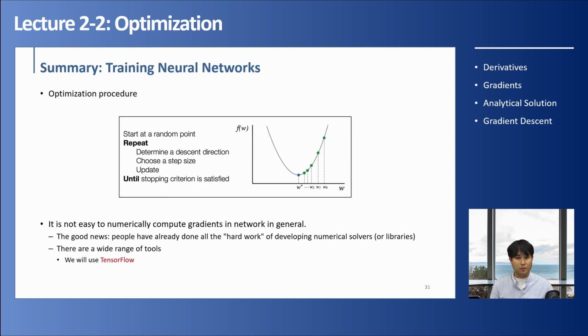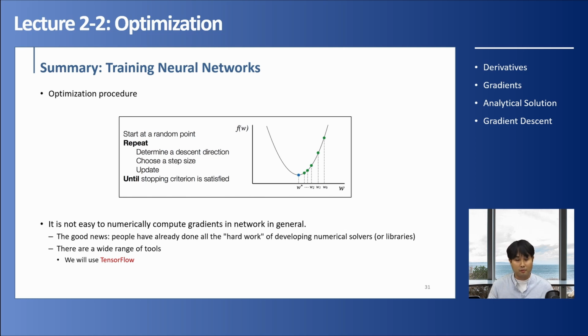Just as a quick preview of how we can train neural networks, a neural network is defined by something called weights, which are essentially the parameters of that model. Our goal is to find the best set of weights or parameters that is suitable for the task we're trying to solve.